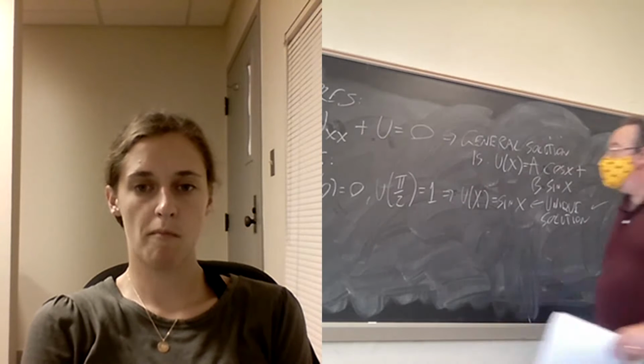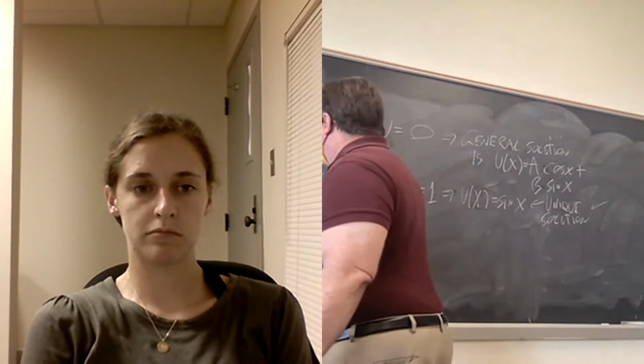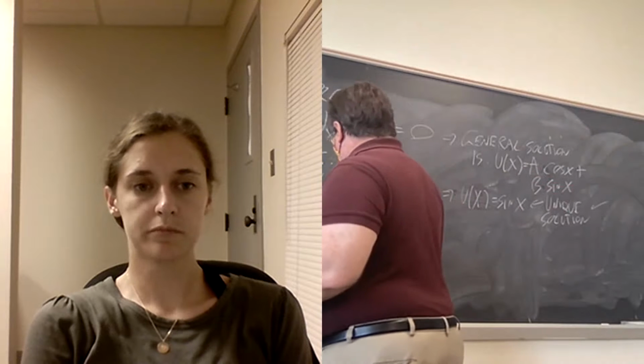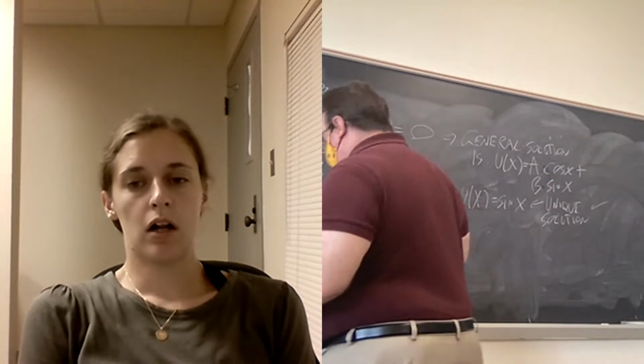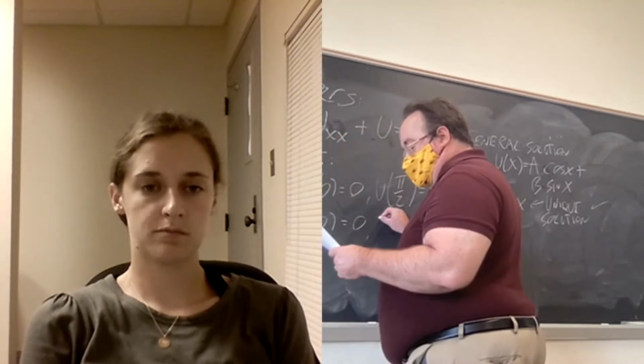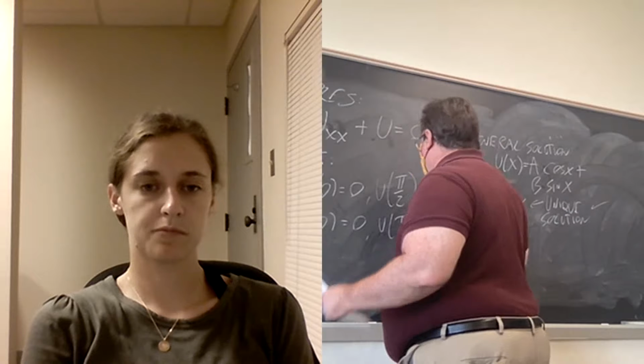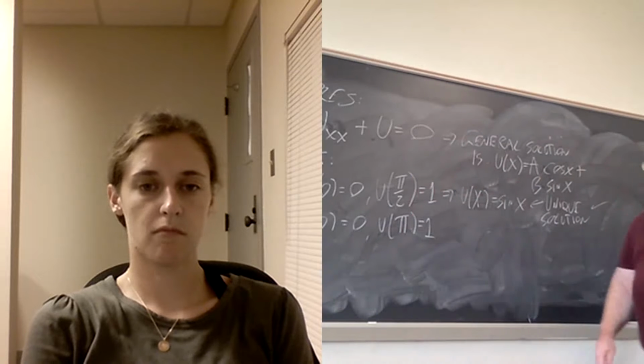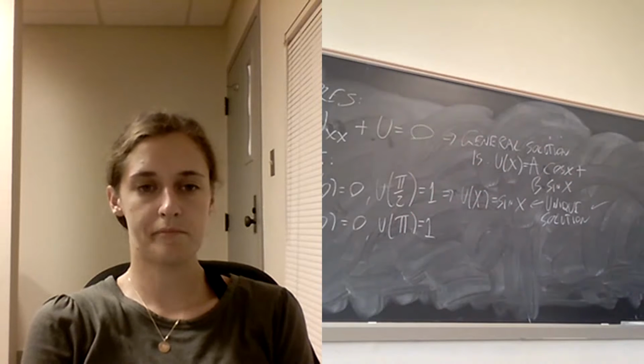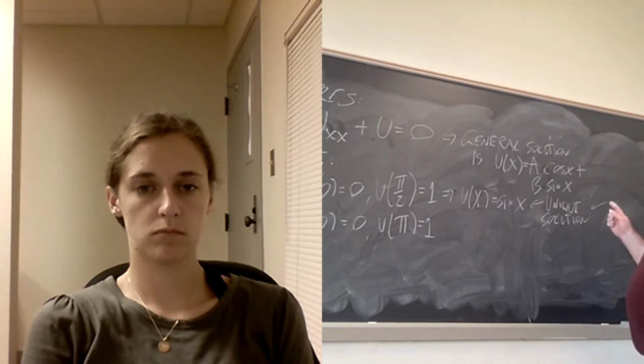On the other hand, suppose I set u of 0 equals 0, and u of pi is equal to 1. Well, if I set x equals 0 in here, I'm just going to get a.